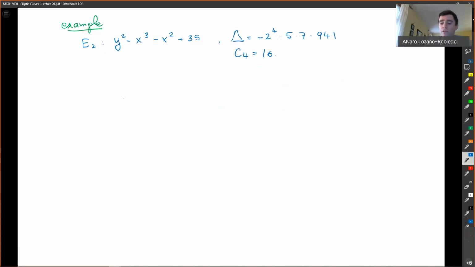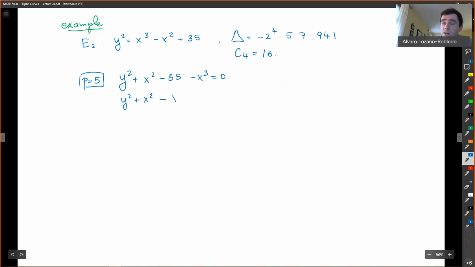So let's see what happens, for example, at p equals 5. If I put all the terms on the left, like I did for the Taylor expansion, the 35 vanishes, so I get y squared plus x squared minus x cubed congruent to 0 modulo 5, over F5.